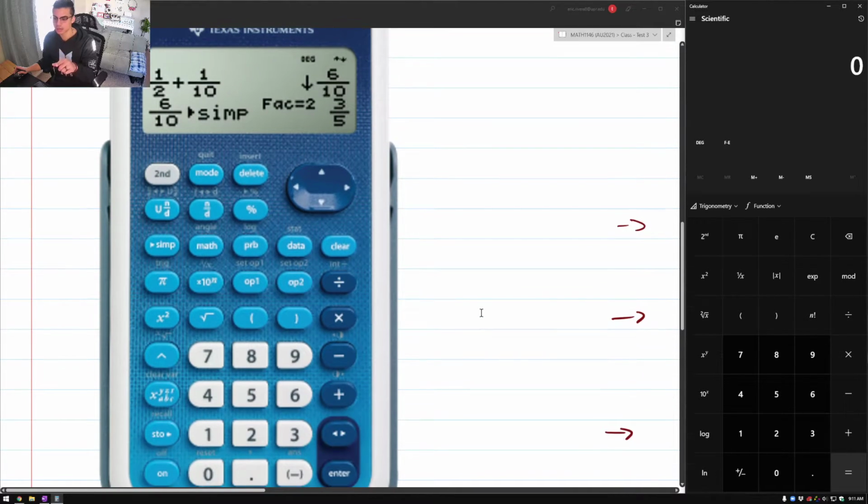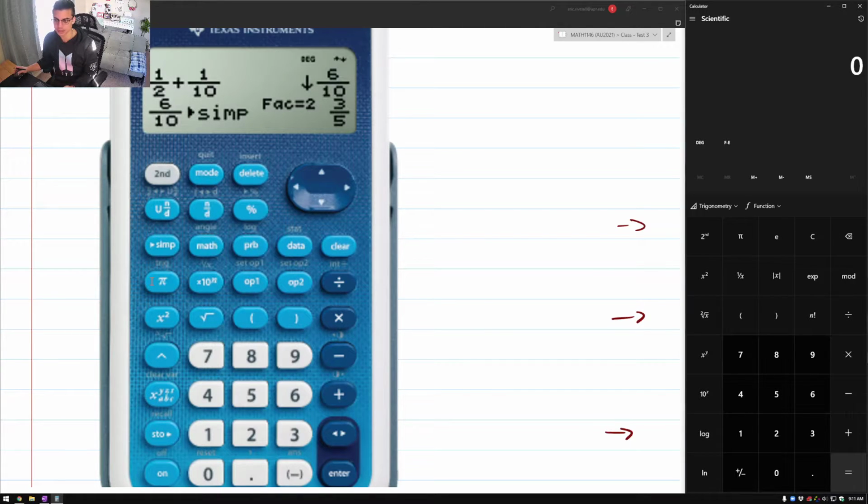On your calculator, Rachel, you want to first set up the E button with the exponent. Can you do that on your calculator?